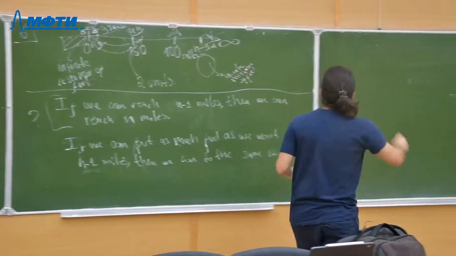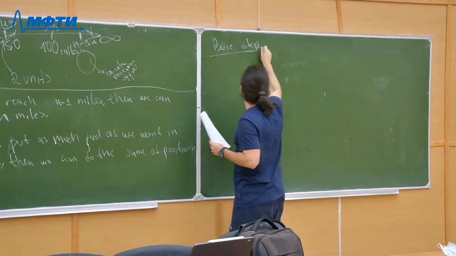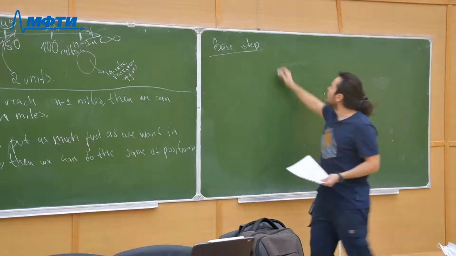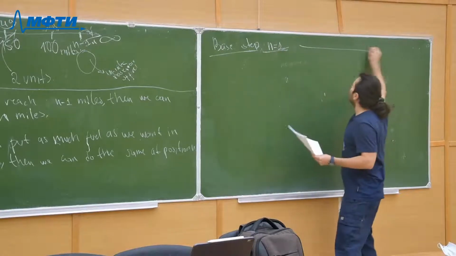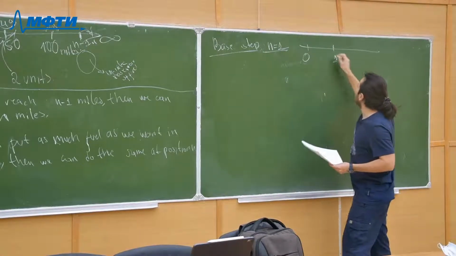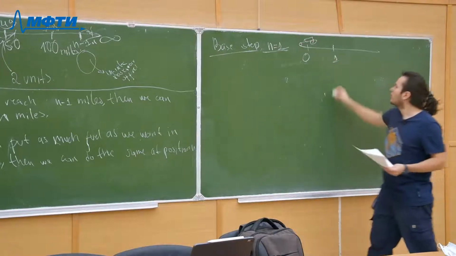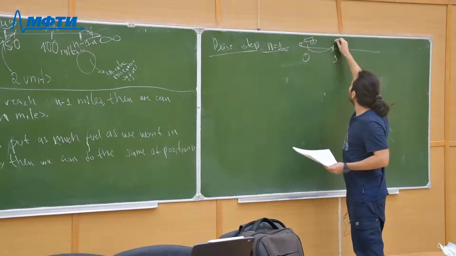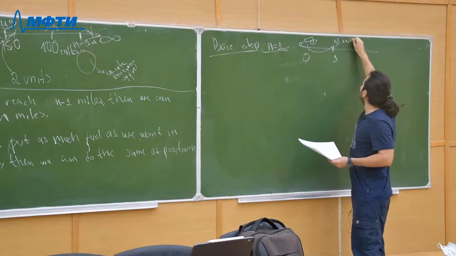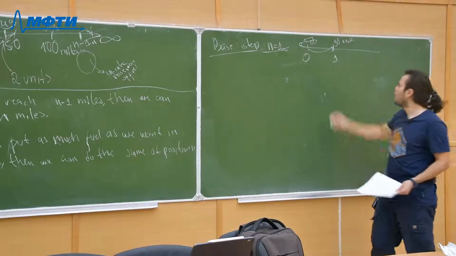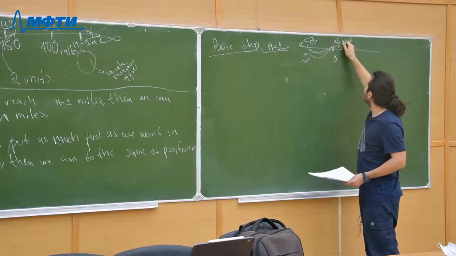Okay, so the basic step is for n equals 1. So when we have here 0, we have here 1. This is the car. And then I told you that in the first trip, I can put 98 units of fuel, right? And then we can go and back, and then go and back again and put another 98 units.